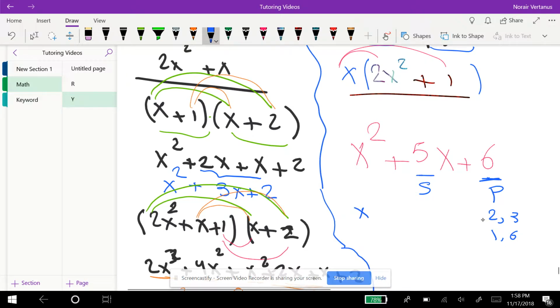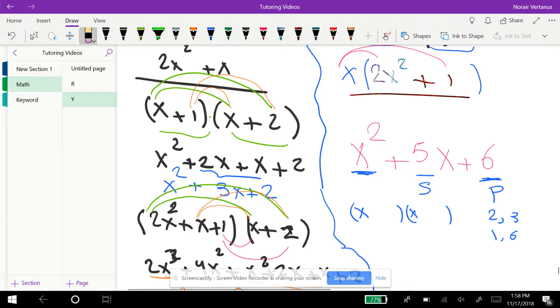So therefore, your factoring is going to be like that, right? X and x, because x and x is going to give you this term. When we were foiling, remember we said this times that, x times x, which is going to be x squared. So that's going to give us the first term. And with the other one, it's positive 2 and positive 3.